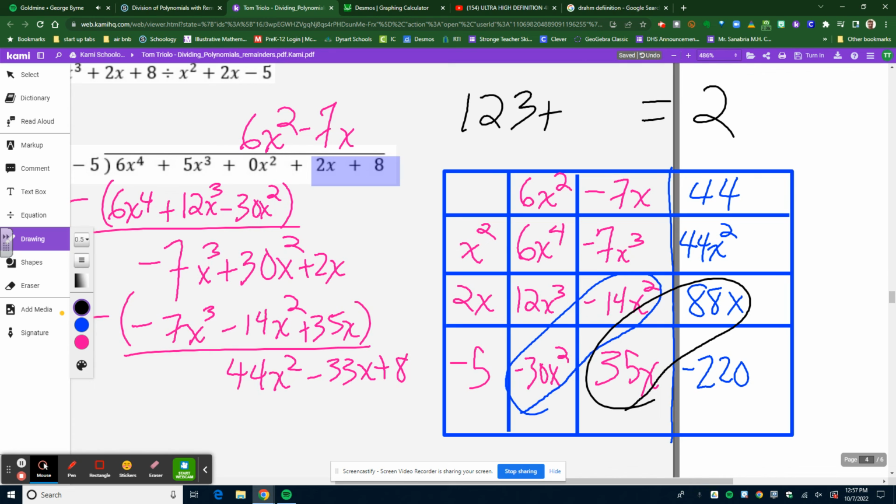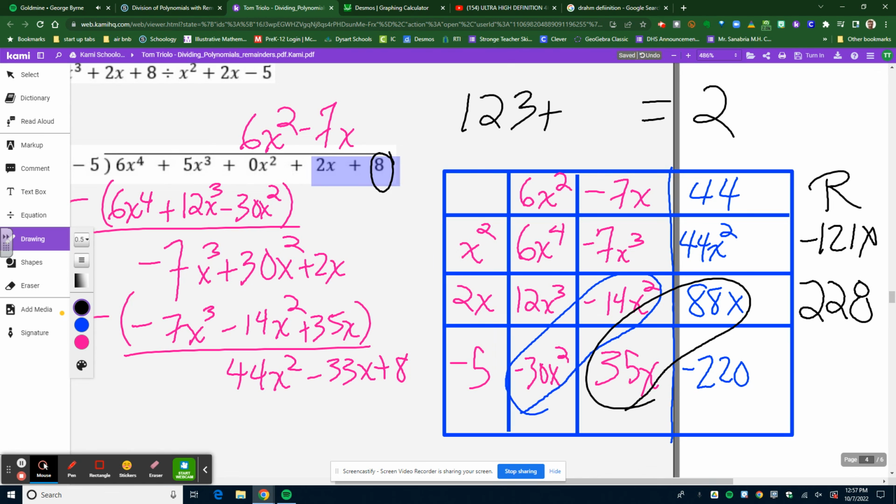It's negative 121. So that goes right here. Remember, we're sticking with diagonals. And I don't want negative 220. I want 8. What do I have to add to negative 220 to get to positive 8? 228. So these are your remainders.